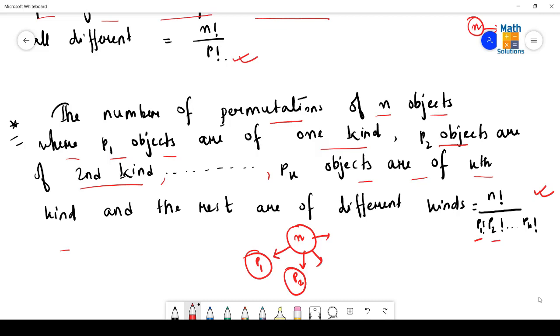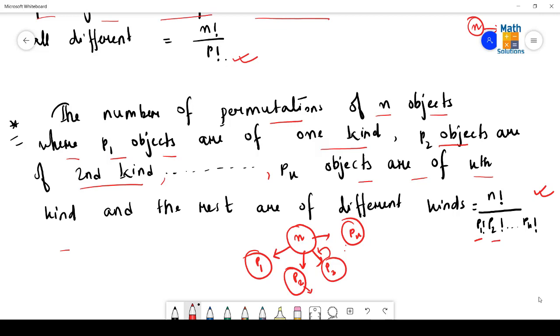There are p2 number of objects which belong to the same category. Similarly we are finding say p3 number of objects which have the same characteristics and belong to the same group. Similarly, this is an extension up to pk number of objects which is also of the same kind. And suppose there are a few objects which are all different, they do not belong to any particular kind.